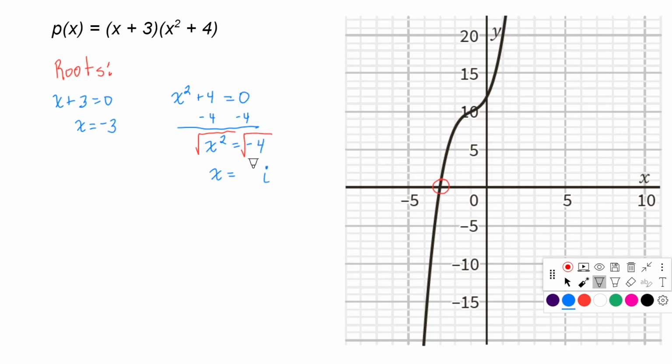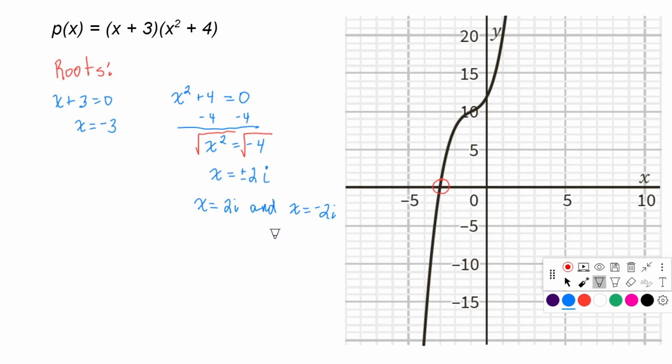The square root of 4 is 2, and because we're solving, we have two answers, a positive 2i and a negative 2i. And that's because 2 times 2 is a positive 4. Negative 2 times negative 2 is also a positive 4. And I could write these roots separately as x equals 2i and x equals negative 2i.